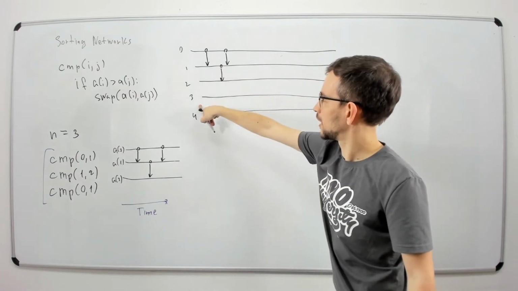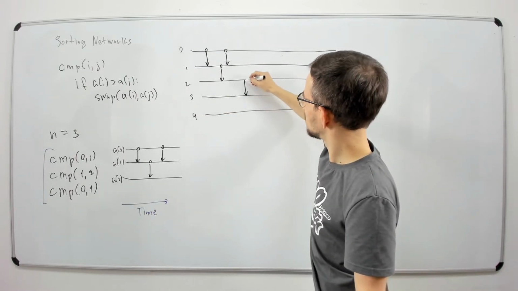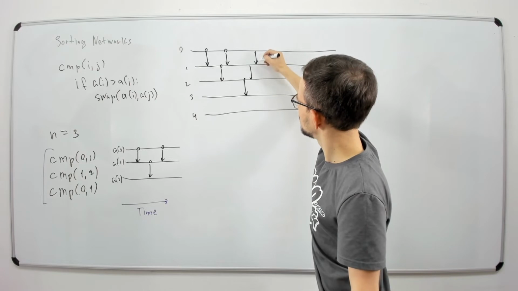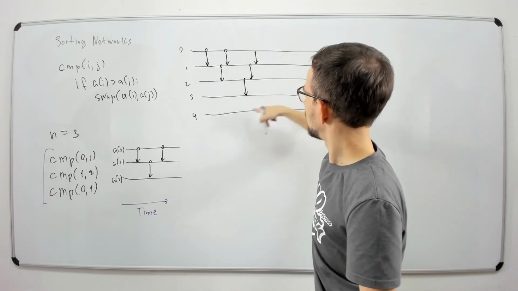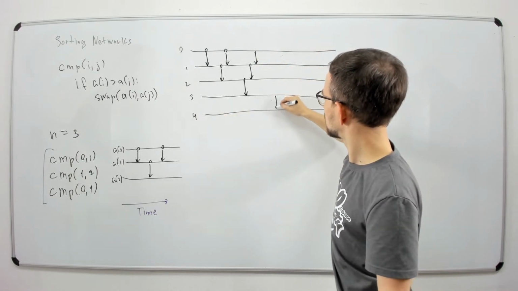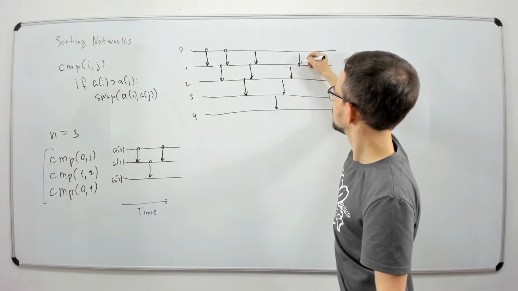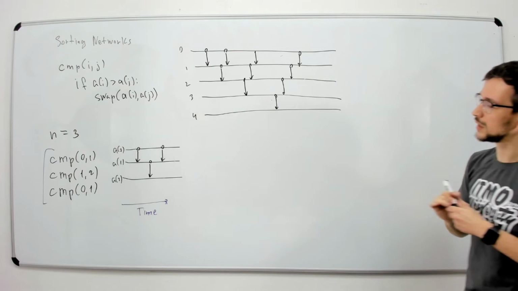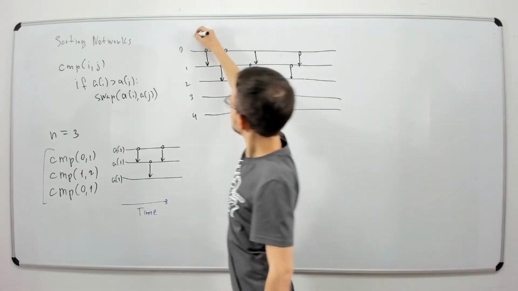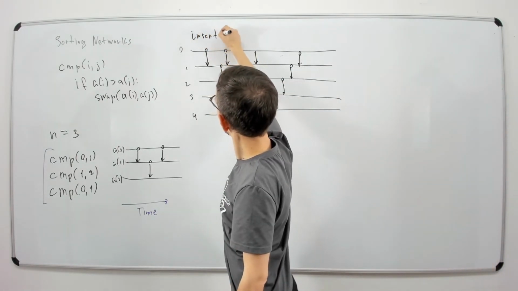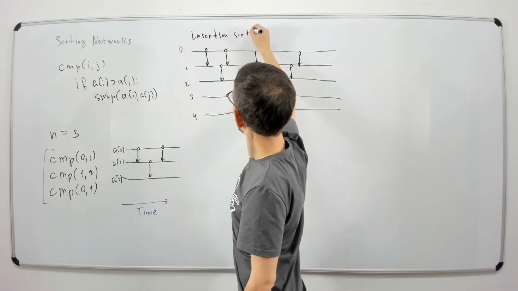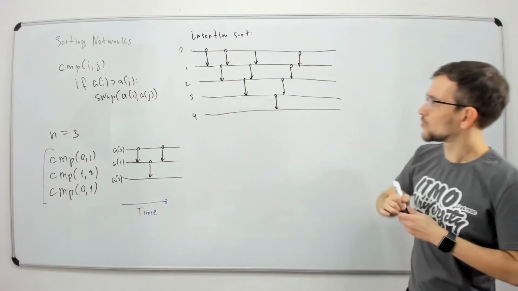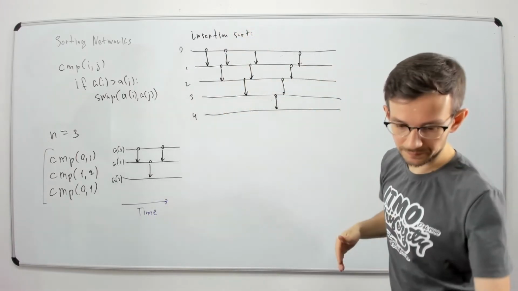Then we have the third element, we compare the second element, then here and then here. And then we have the fourth element, we compare it here, here, here, and here. So this is the insertion sort for the array of 5 elements.